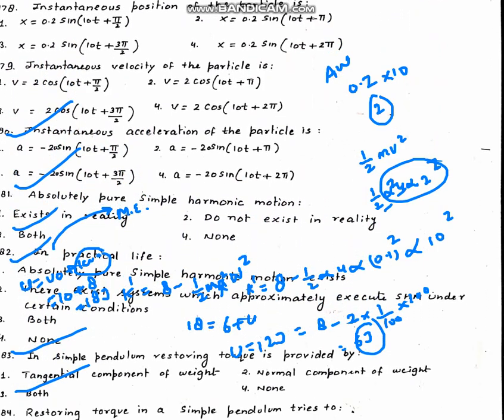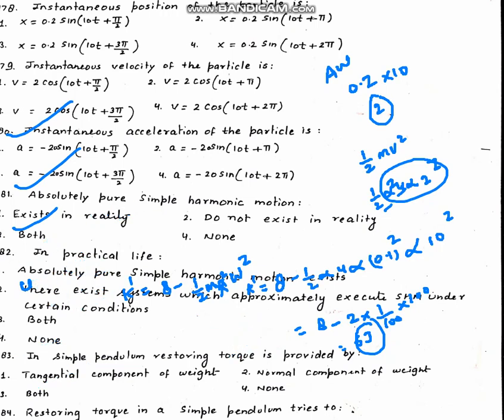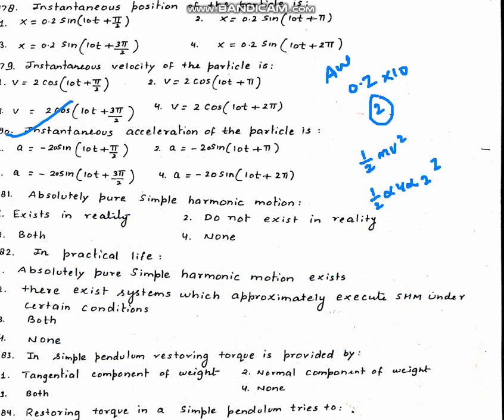Next is instantaneous position of the particle. So as you can see, initially particle is at x is equal to minus 0.2. So if you substitute t is equal to 0, then it will correspond to this one. Yeah, third is correct over here.